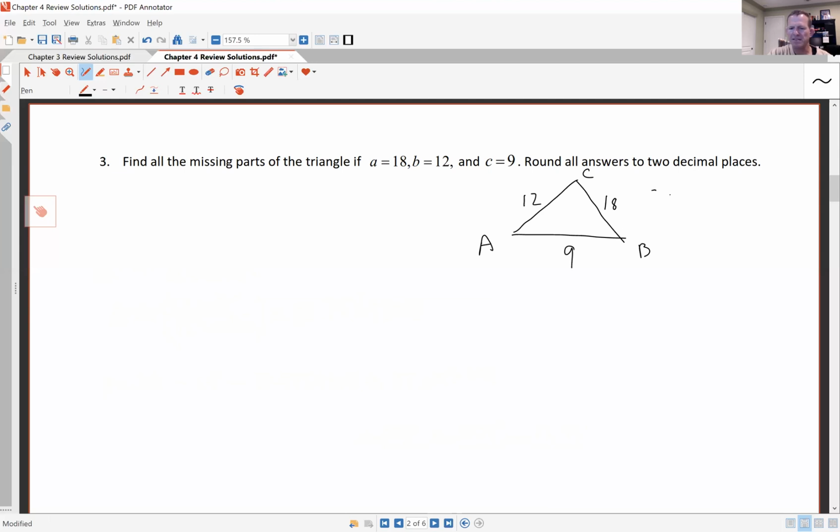Here's the biggest side. So if there's going to be an obtuse angle, it's going to be across from A. So then use law of cosines. When you take an inverse cosine, it outputs obtuse angles. So use law of cosines to find the largest angle.